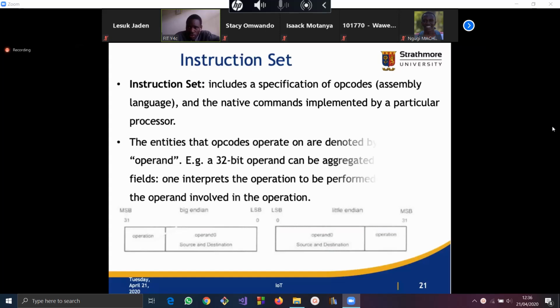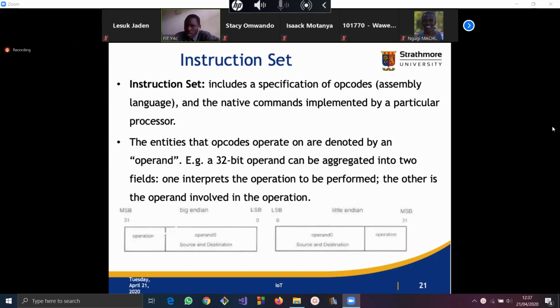It's composed of two things: the opcodes, which is an assembly language, and the native command, for a particular processor. Different processors might have different commands. In the same way we humans have different languages, we can do the same task but understand it differently.